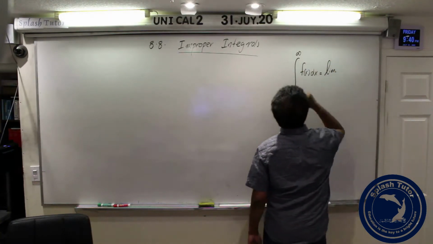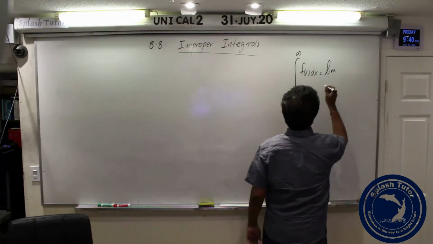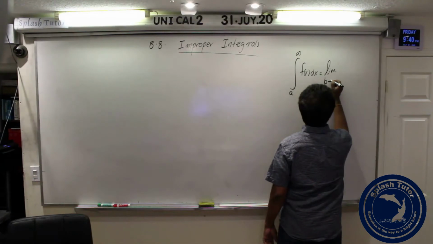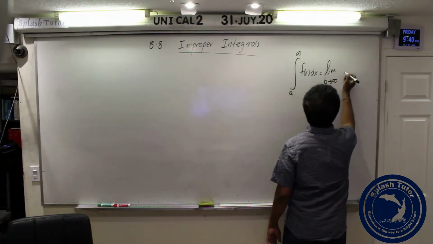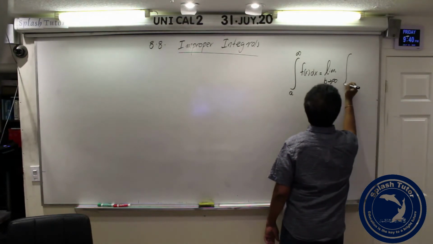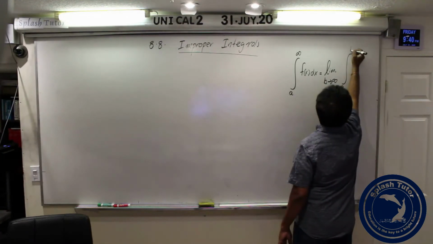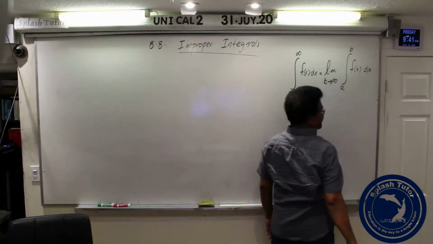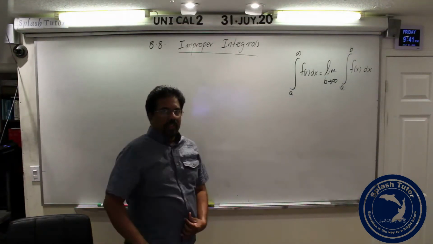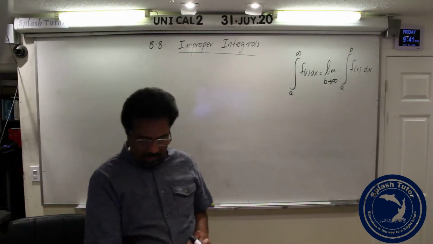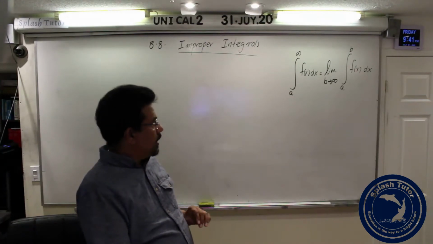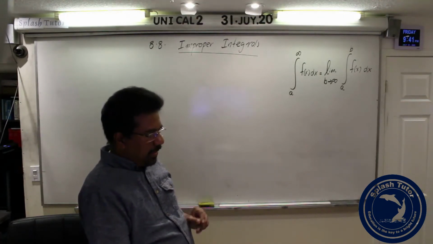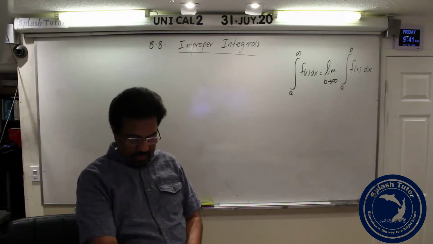Now we can put a b here, so b goes to infinity, and then we can make it a proper integral, that is the integral from a to b of f(x) dx, right? That's actually converting that improper integral into a proper integral by the limit definition, right?